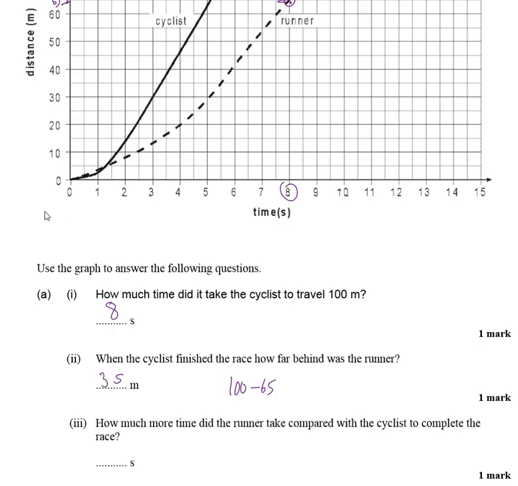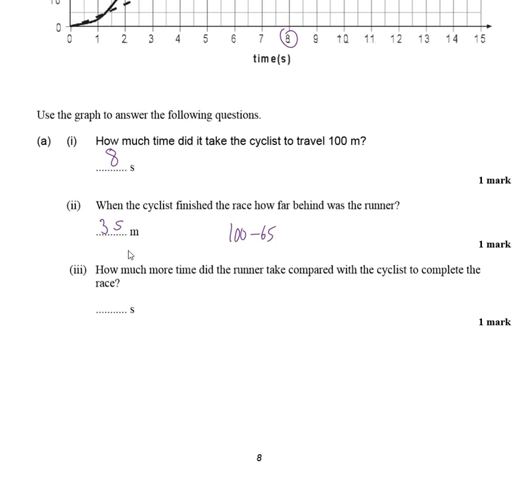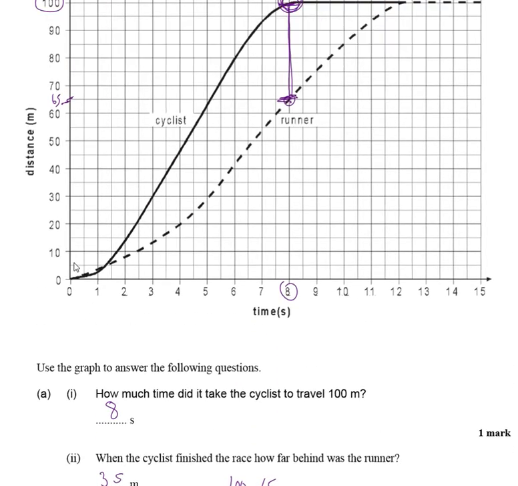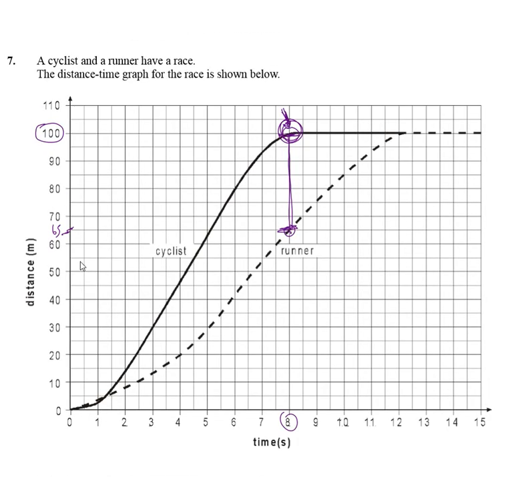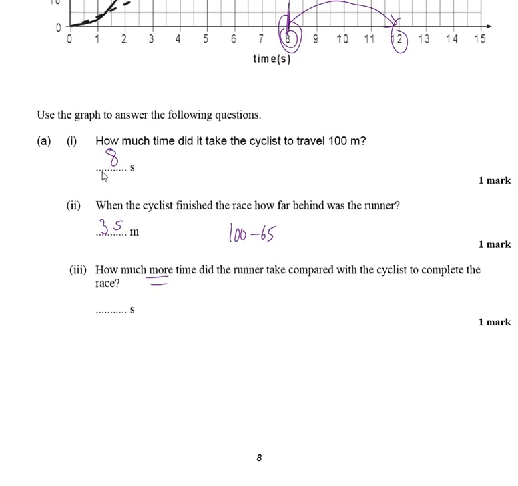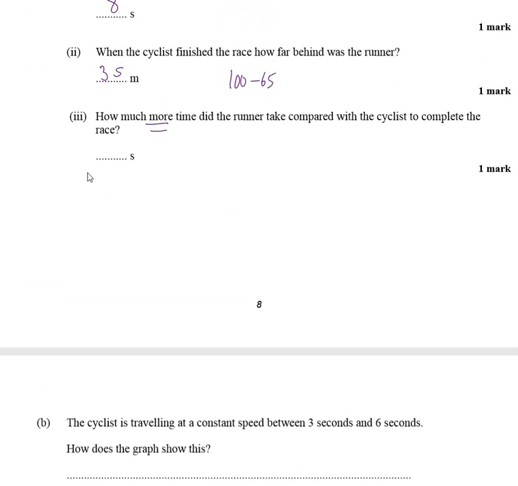So 35 meters. Now, how much more time did the runner take compared to the cyclist to complete the race? The runner took from here all the way to here to finish the race, from 8 to 12 seconds.